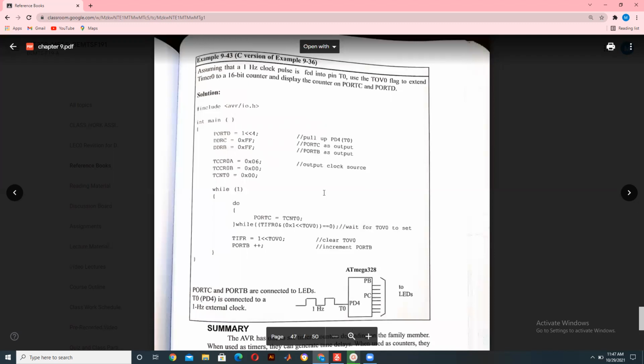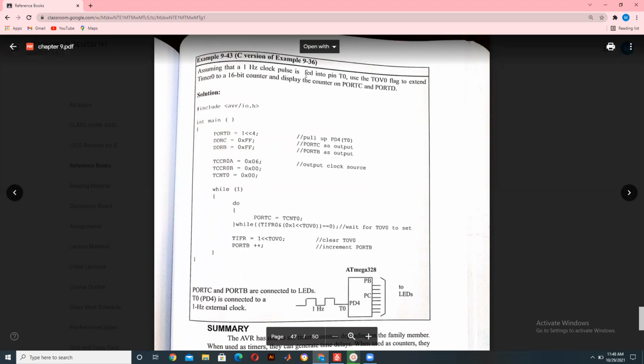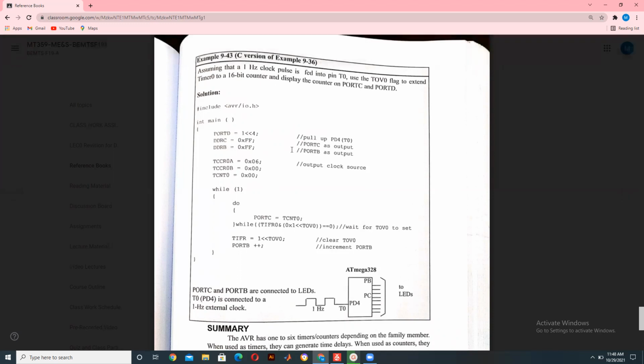Now example 43: assuming that a clock source is fed into the T0 pin, write a C program to display the count on PORTC and PORTB. So what we do, we simply take PORTD, and we want PORTD pull up on pin 4.